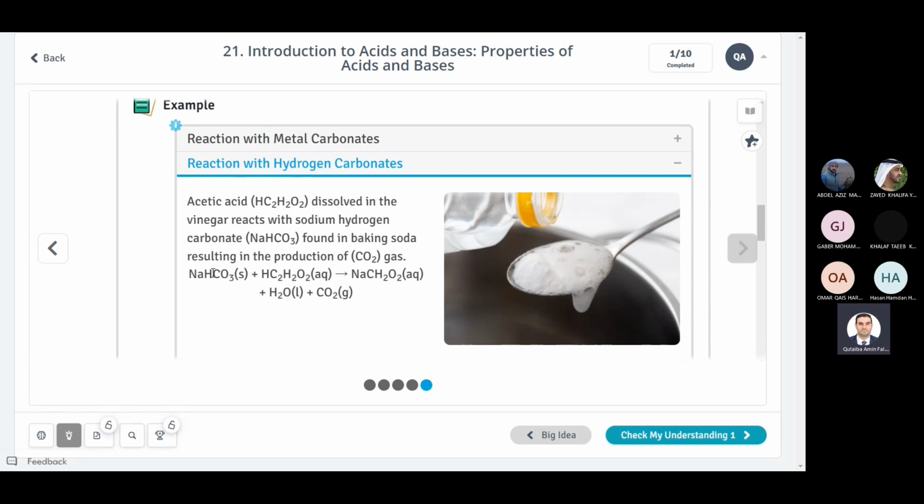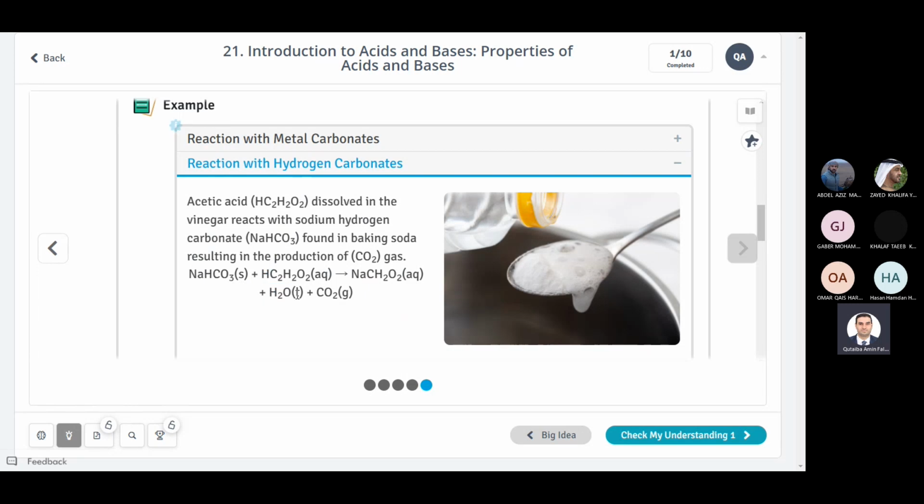This one has hydrogen; it's not only with the metal. Okay, this is the carbonate. Carbonate will be CO2. One oxygen remains and goes to the H that we remove from here, okay, so we get H2O.